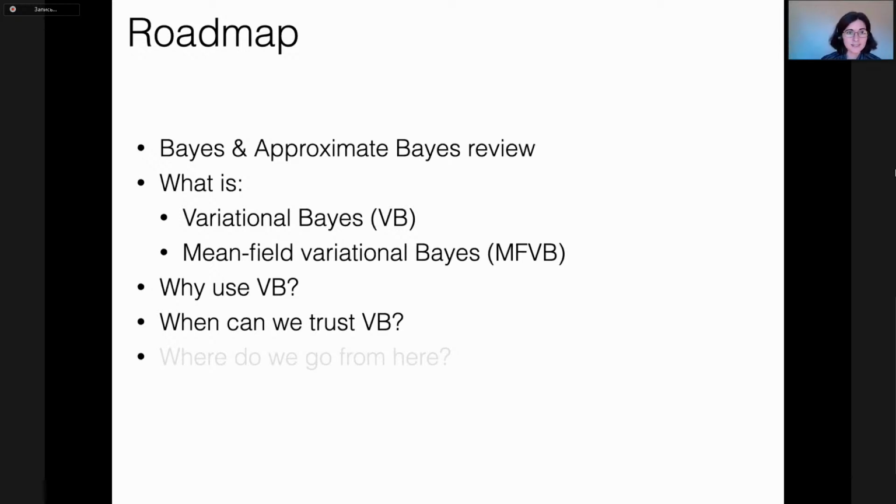I mean, as there was this great point in the chat, we don't want to run MCMC every time. We literally can't. We've already talked about these data sets that are much bigger than we can handle, typically with MCMC. And you can make a special MCMC algorithm for every new thing that comes along, but it would be really nice to just have something that runs really fast at scale that you can trust. And so the question we want to ask ourselves is, well, can we trust this?